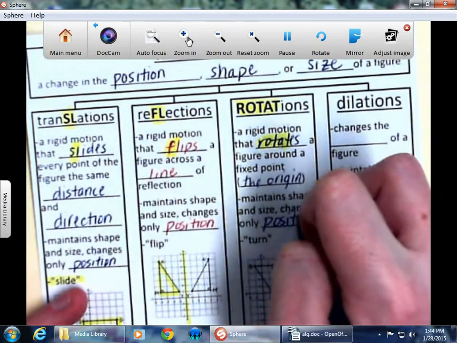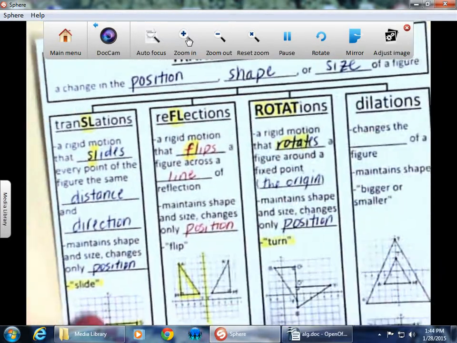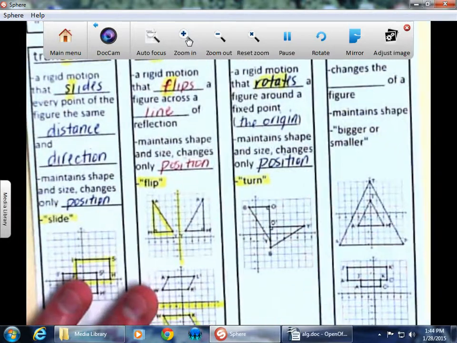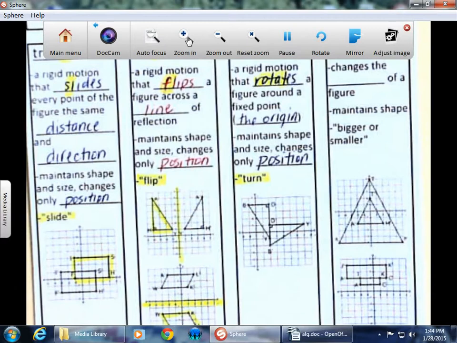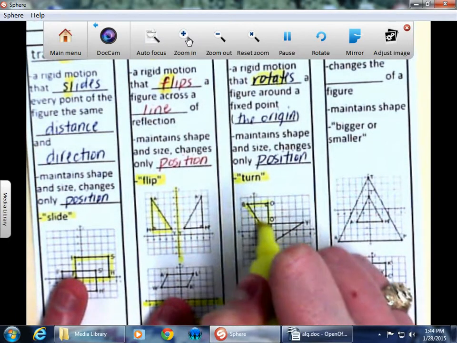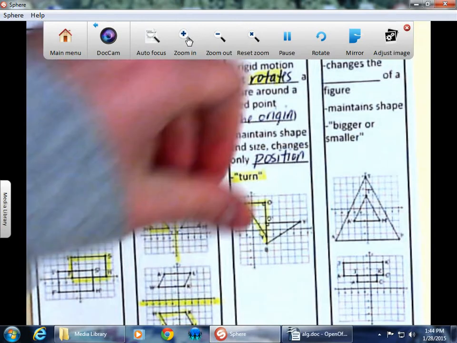Highlight the word turn. And if you want to go back to this one and highlight flip, I forgot that. So here you have triangle BOY and triangle B prime, O prime, Y prime. So again, highlight your pre-image, the one without the prime. This one has been rotated. You can see that here is your right angle and it turned around this way.